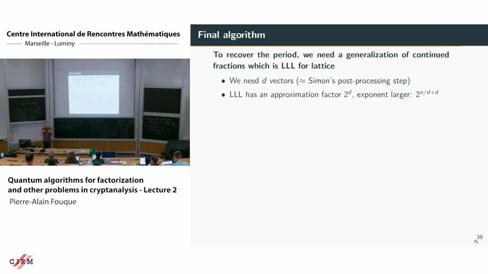You don't have a polynomial approximation factor; in polynomial time, the best approximation factor that you have is exponential in the dimension. That means I have to take the exponent a little bit larger. I have to multiply the size of the exponent by a factor 2 to the d.